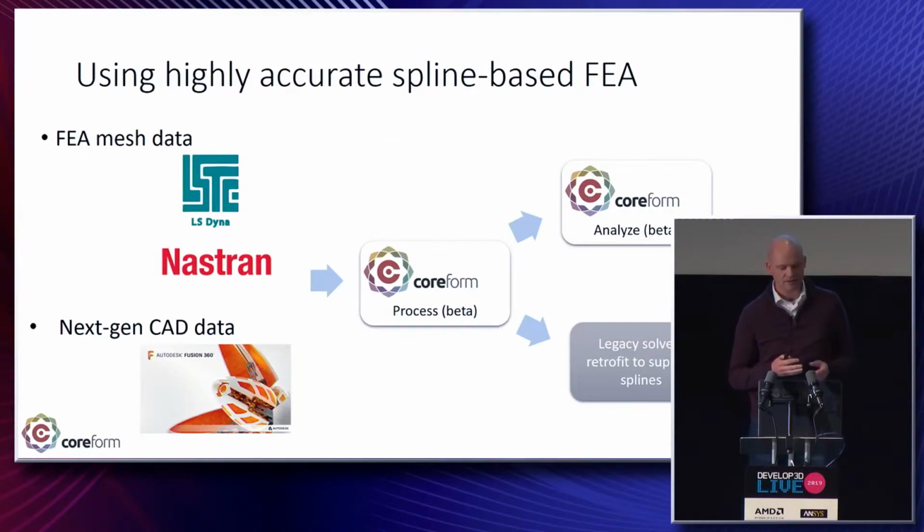So today we have some prototype software that allows for the integration with both legacy mesh data from sources such as LS-DYNA and Nastran, as well as integrations with next generation CAD data from programs like Autodesk Fusion 360.